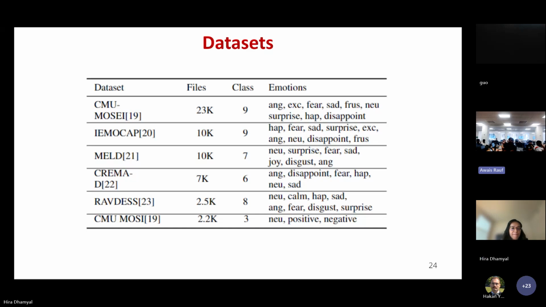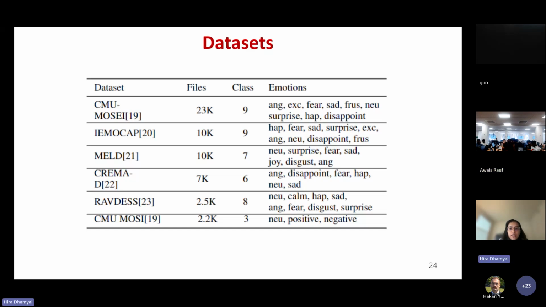So what's the efficiency when you already have a pre-trained text encoder and a pre-trained audio encoder, and you're just trying to learn the emotion side, rather than learning everything from scratch? So what's the data efficiency in that?